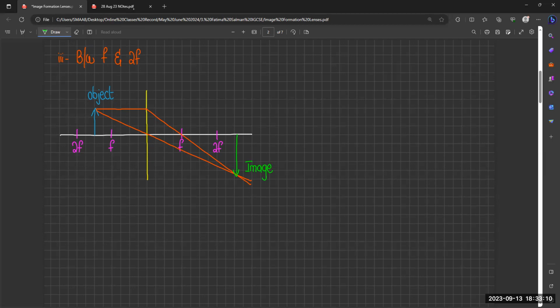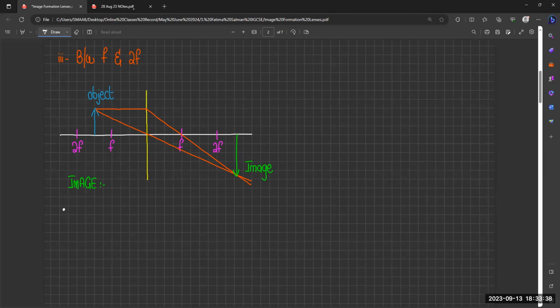In the third case. So again, a very simple concept. You are getting your image in inverted form with real nature. So the first point is that you need to write the position of the image.